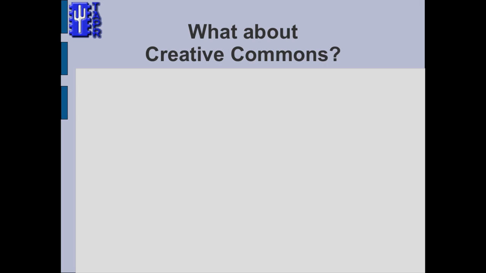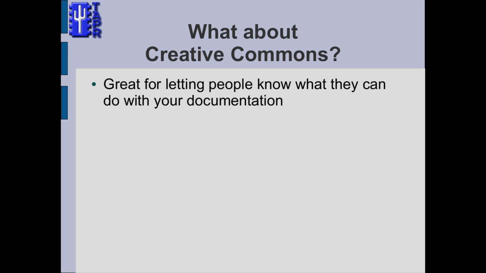Now, I'm often asked, why not just use the Creative Commons model for open hardware design documentation? After all, it's commonly used for other types of documentation. Well, it is great for letting people know how they're allowed to use your docs. And again, if you looked at the first slide of my presentation, I have the Creative Commons logo on it for non-commercial attributed use.